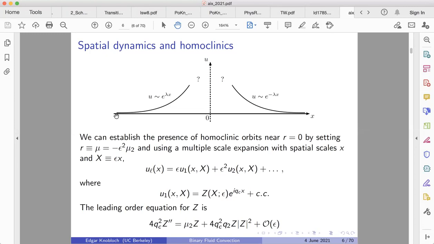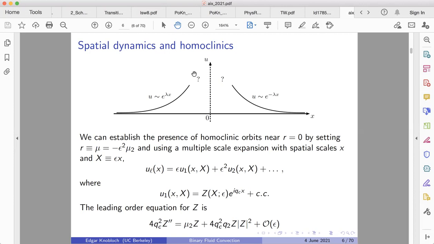The localized states I'm talking about are heteroclinic orbits connecting u equals 0 to a periodic state. To get that kind of connection typically means you have to pick a parameter value.